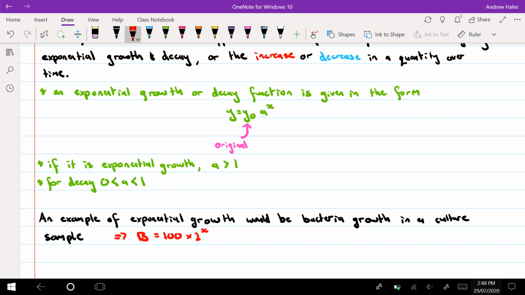So 100 would be your original bacteria times by 2 every time. So let's say per hour or per day, whatever time period you're going to measure it off of.